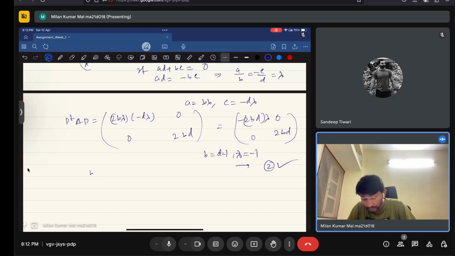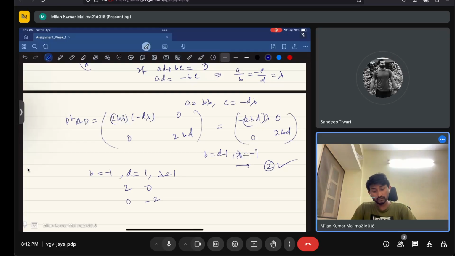If I take B equals to minus 1, D equals 1 and lambda equals 1, what we will get? We will get 2, 0, 0, minus 2, right?